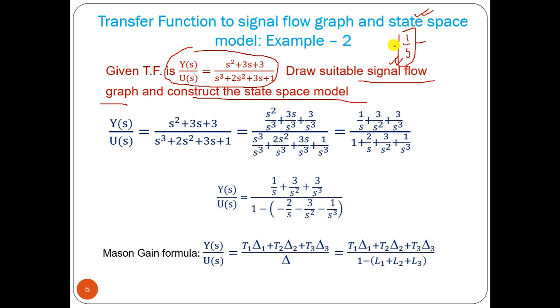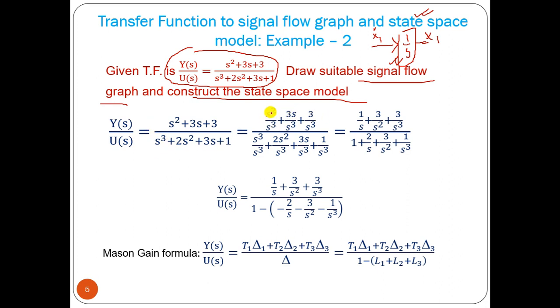This will be x1, this will be x1 dot, then we can write the first order differential equation and derive the state space equation. So we have to write in that particular 1 by s form. Here it is 1 plus some term, but still we have to write the 1 by s form, so you have to divide numerator and denominator by s cube.